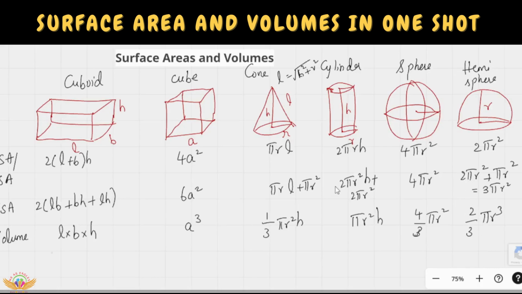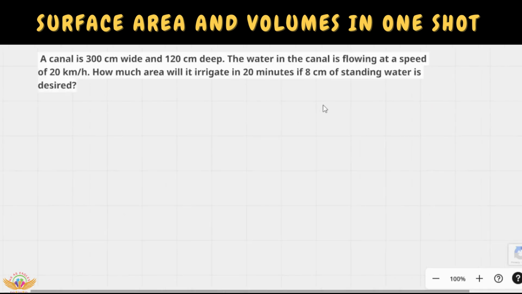So these are the important formulae of this chapter. So take a minute, learn and practice through the figures. So let us go to the problems now. Here is the first question.